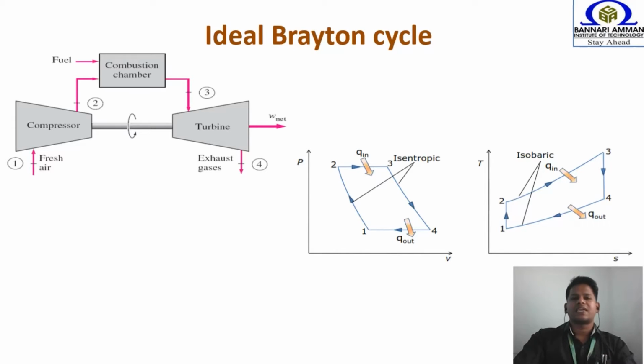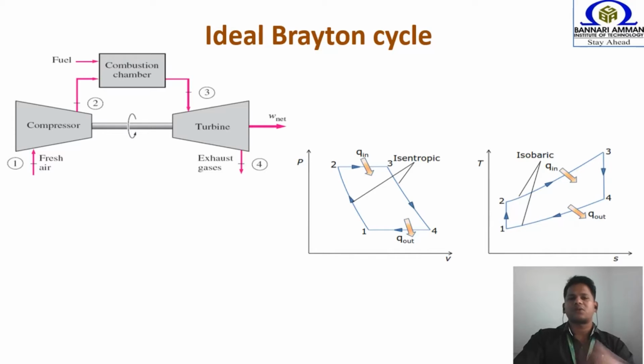He suggested that his cycle has 4 thermodynamic processes. First one is isentropic compression, where we compress the air. Second process is isobaric heat addition, where at constant pressure we supply heat energy to the air.